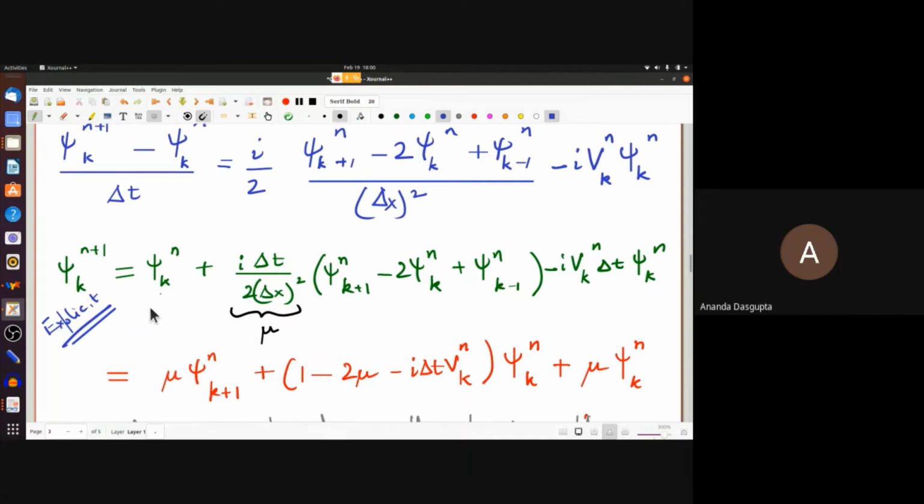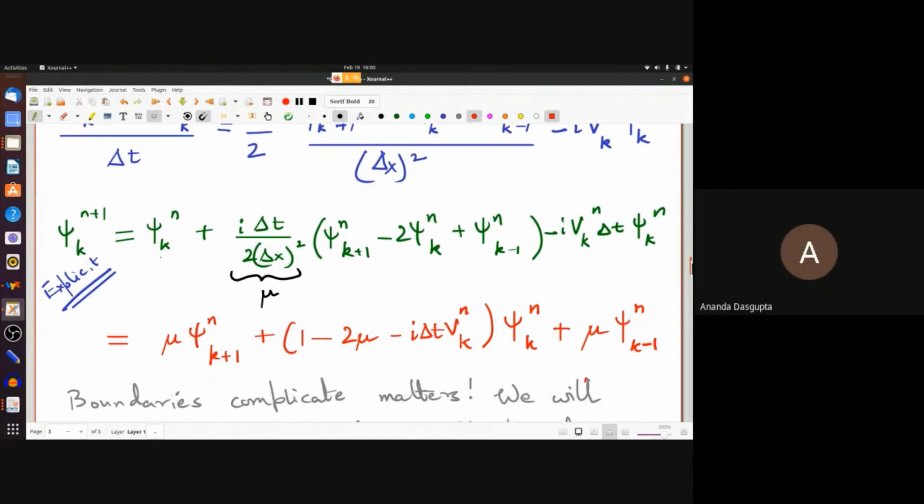If I do that, then psi k n plus 1 simply becomes mu times psi k plus 1 n, plus mu times psi k minus 1 n, and if you couple all the other terms together, which all depend on psi k n, I plug them all in, I get this expression.